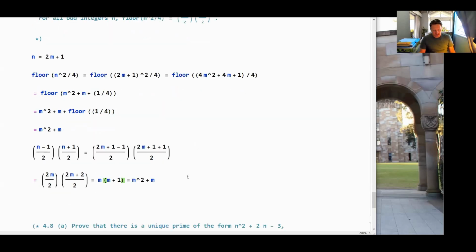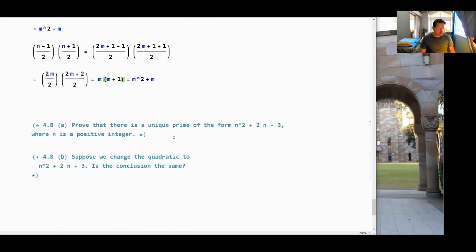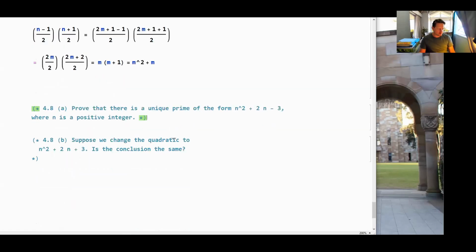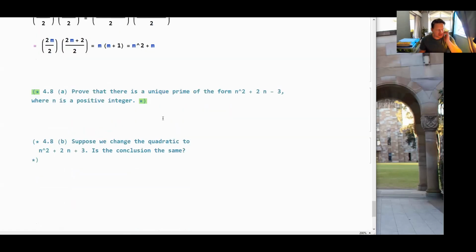All right, great. So we've got 3 minutes. Let's see if we can knock this one out in 3 minutes. Prove that there's a unique prime of the form n squared plus 2n minus 3, where n is a positive integer. The first thing you want to do is factorize this, because if you can factorize it, then you can see how it could be composite or not.